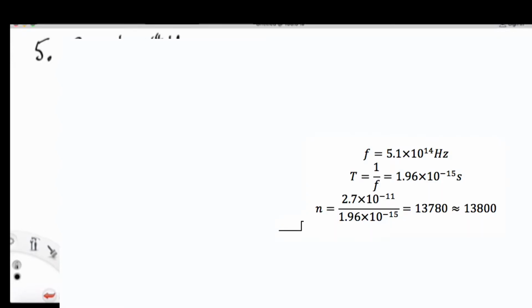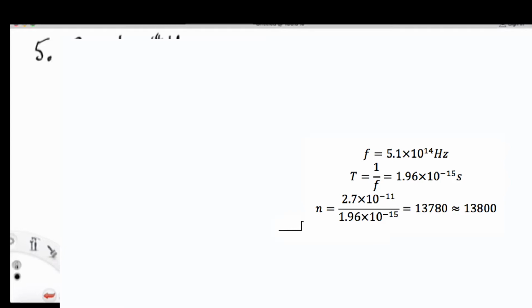And we're told that the frequency of the light is 5.1 by 10 to the 14 hertz. Now, we simply need to work out the length of time of one wavelength, in other words, the period, which is 1 over the frequency, is 1.96 by 10 to the minus 15 seconds.